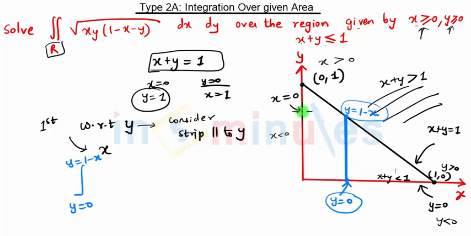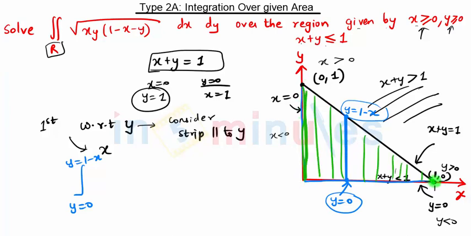We have to cover this entire region and we are considering this strip. So we will move this strip from this point till this point so that our entire region is covered. Here we have x equal to 0 and we are moving this strip till here, where we have x equal to 1.